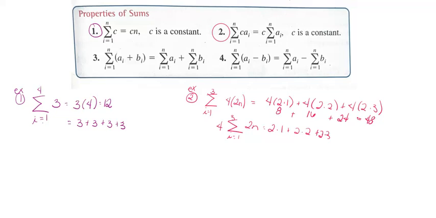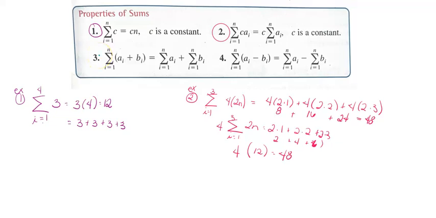Or you could say 2 times 1 is 2, plus 4, plus 6, which gives you 12. So it's 4 times 12, which also equals 48. Sorry about this being so sloppy, but do you see how this property works? You can move a constant to the outside of the sum and multiply at the end.